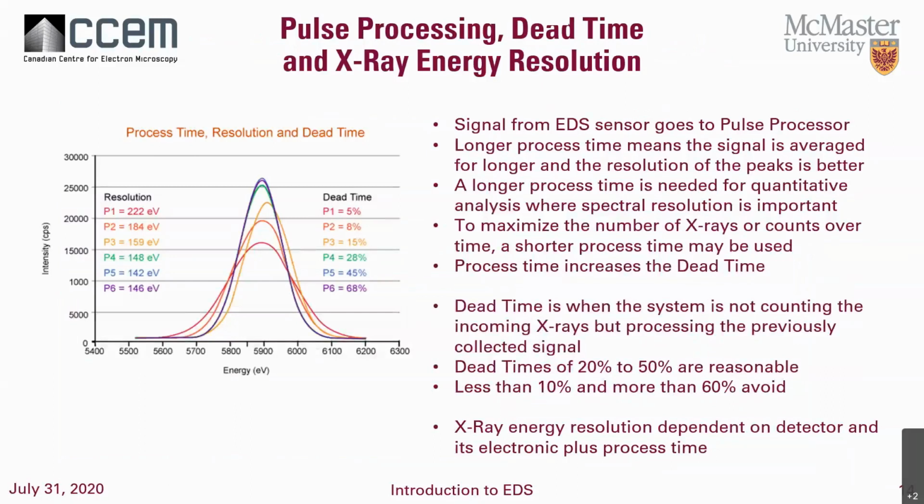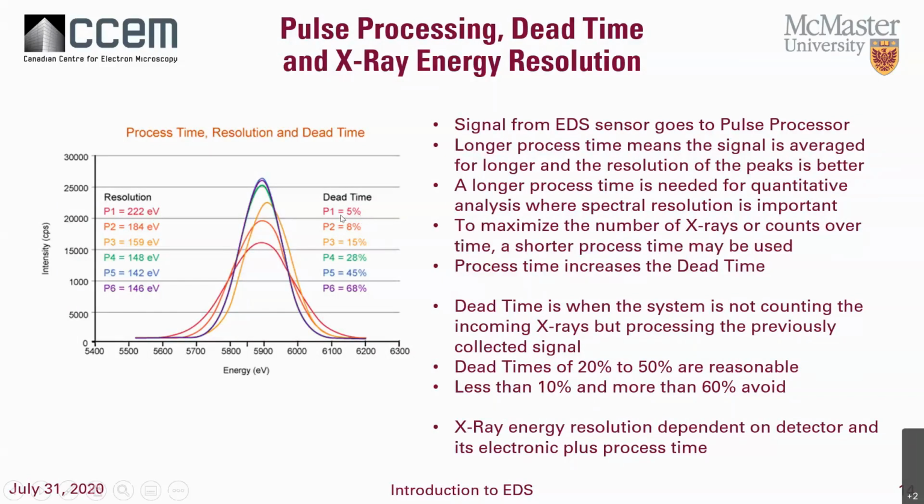Now, one thing that's important is that once the signal leaves the detector, it goes to the pulse processor. And we need to adjust the amount of time that we're processing the signal. So this is actually an averaging of things. Here you can see a nice chart that shows the different pulse processing times, or as they're called, process times.